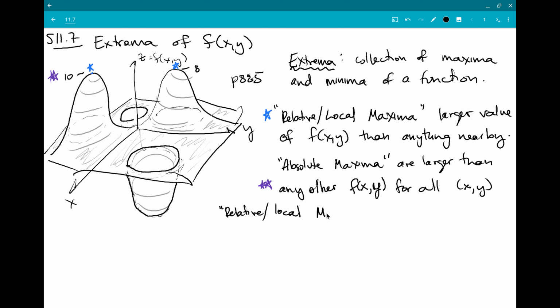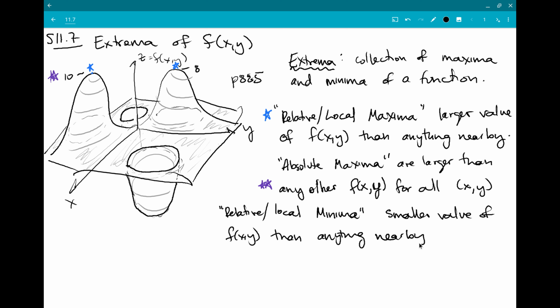Then relative or local minima have a smaller value of f of x, y than anything nearby.